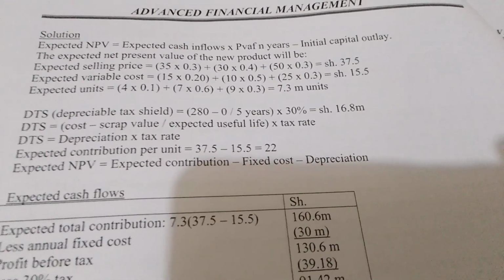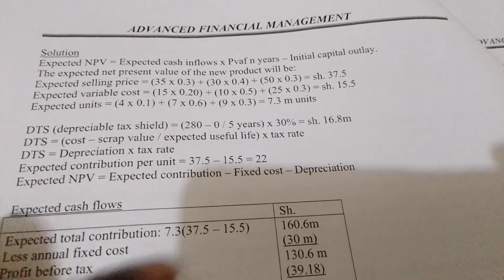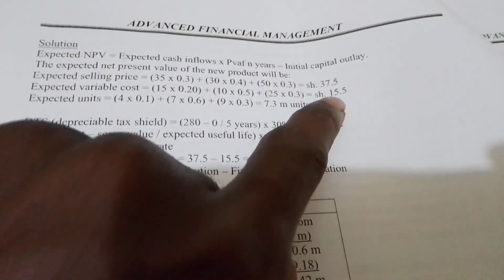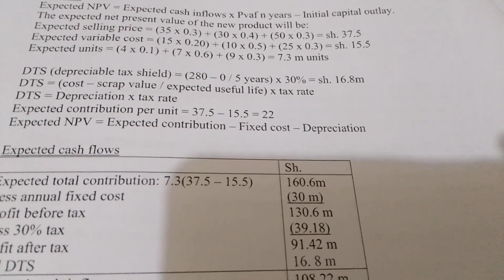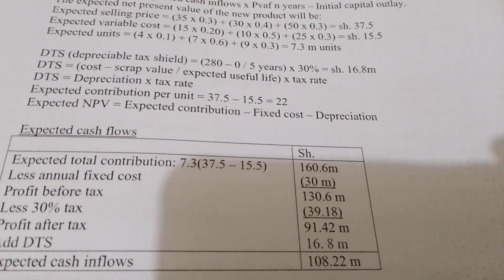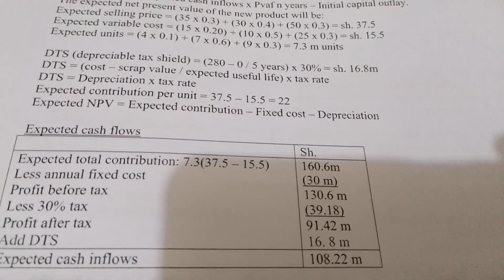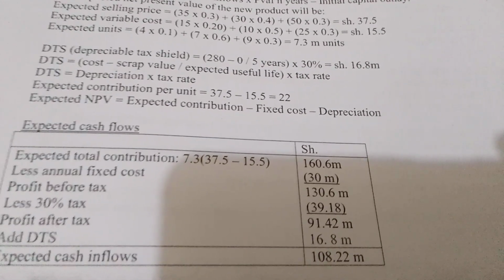We minus variable cost per unit, which we got this figure here, 15.5. So that's 37.5 minus 15.5, you get 22. So 22 is the expected contribution per unit.